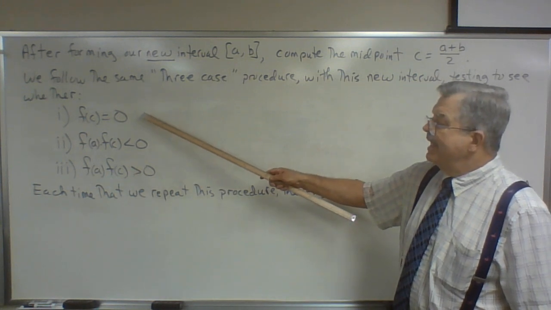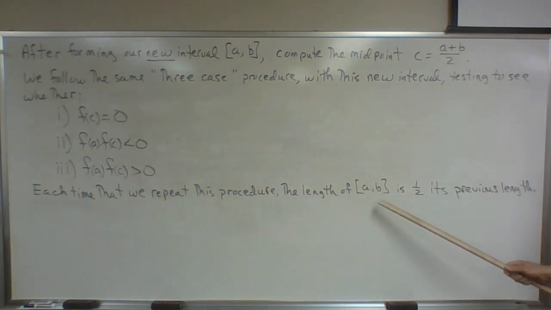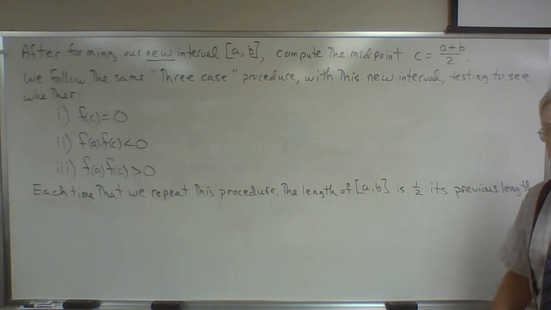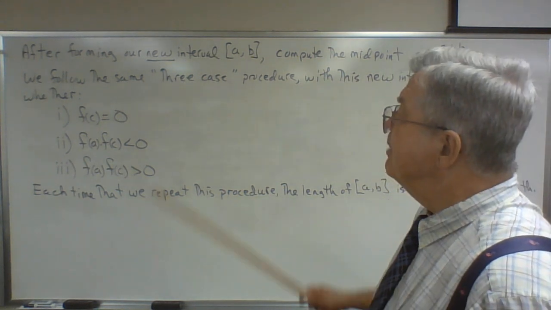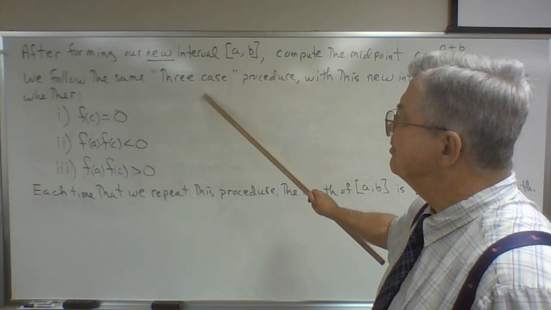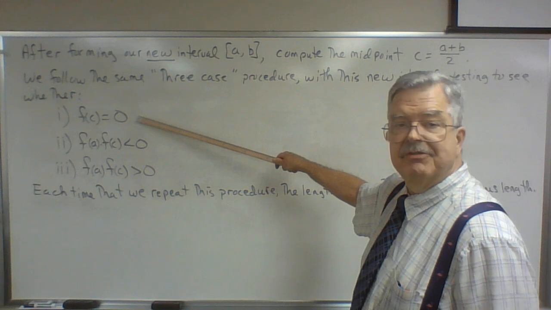And each time that we repeat this procedure, note that the length of the interval AB is 1/2 of its previous length. Now we'll make some more observations about this in just a second. But we keep repeating this three-case procedure, and one of two things is going to happen.